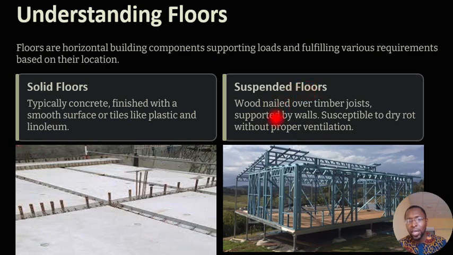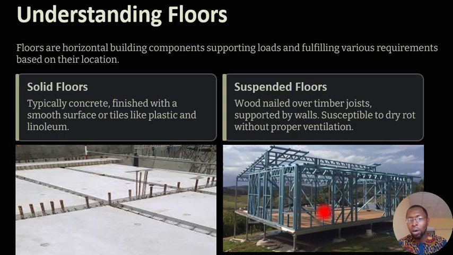This type of floor is a wooden floor that is nailed to timber joists, as you can see here. Now, this type of floor is not like the solid floor that is made of concrete. You could see that it is suspended because it is not really the main floor; it's above the ground itself.